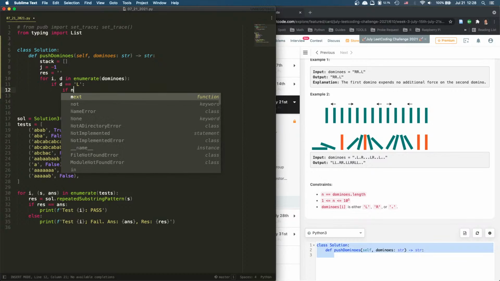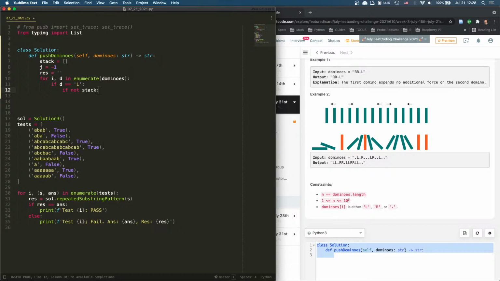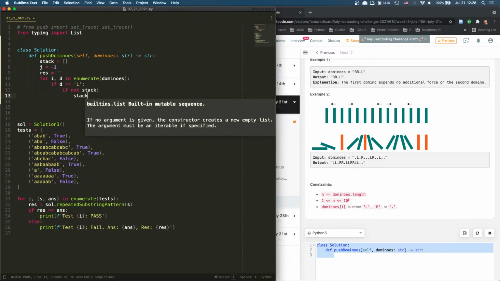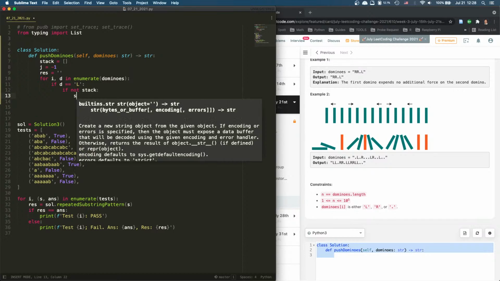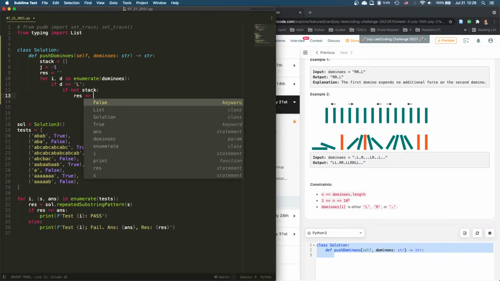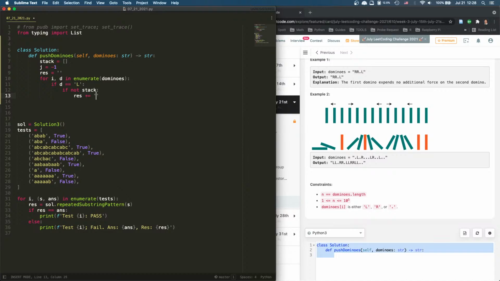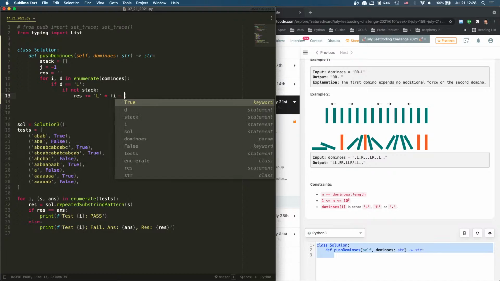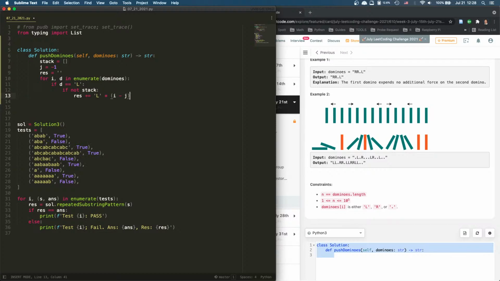I say if not stack, then we don't do anything. Everything from j to i will be all left. So we're gonna say rest plus equal to left times i minus j, right? We don't have to plus 1, it's just i minus j.